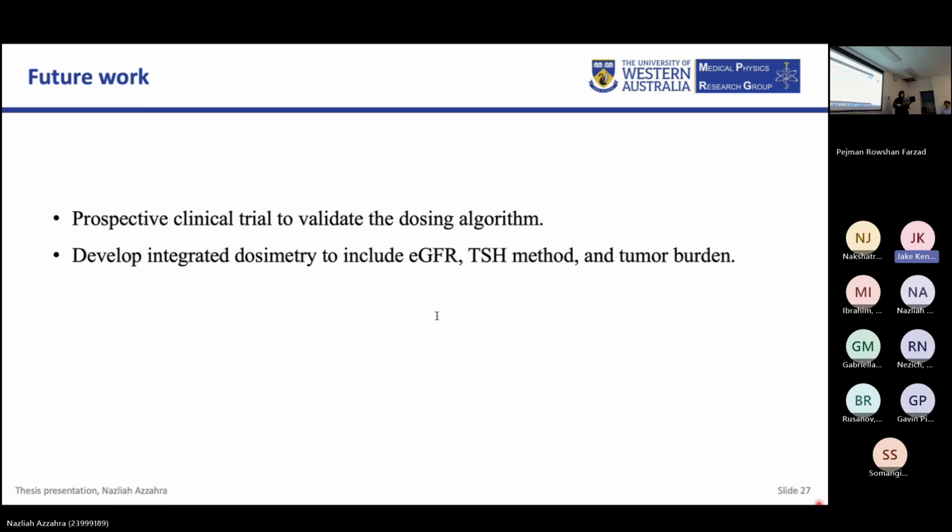And maybe develop some AI to predict how we should give those doses to the patient.